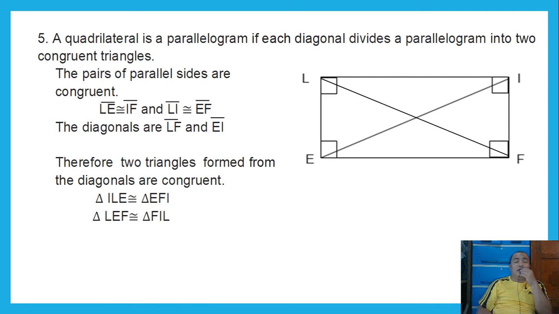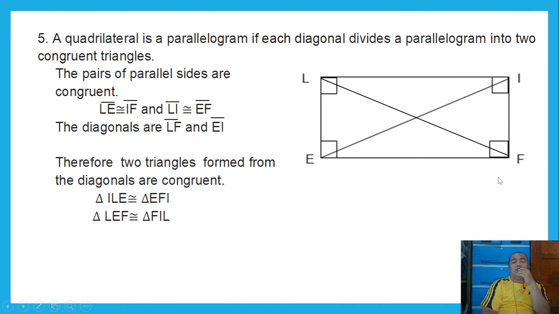Number 5, a quadrilateral is a parallelogram if each diagonal divides the parallelogram into congruent triangles. So we have here parallelogram LIFE. What are the pairs of parallel sides in parallelogram LIFE? These are LE and IF, LI and EF.